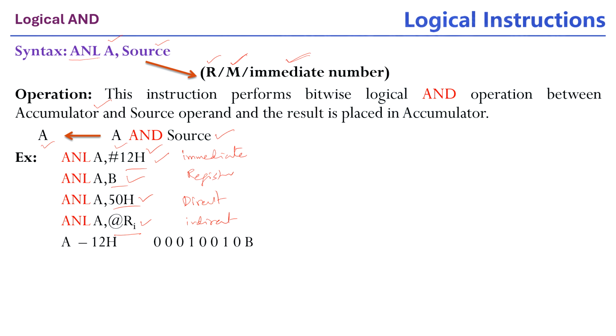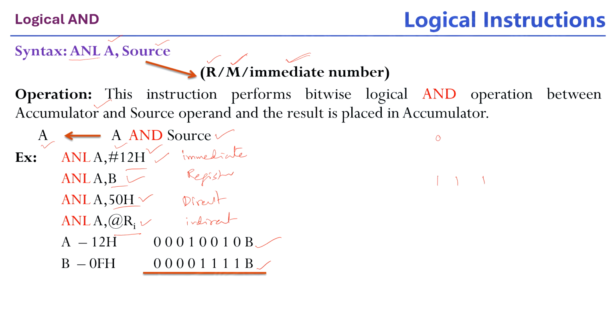Let us consider A is having 12H and B is having 0FH. The binary representation is 0001 0010 for 12, and similarly 0F is four zeros and four ones. Already we know from the truth table that only when both inputs are equal to 1 is the output equal to 1. If any one of the inputs is 0, the output is 0: 0,0 gives 0; 0,1 gives 0; 1,0 gives 0.